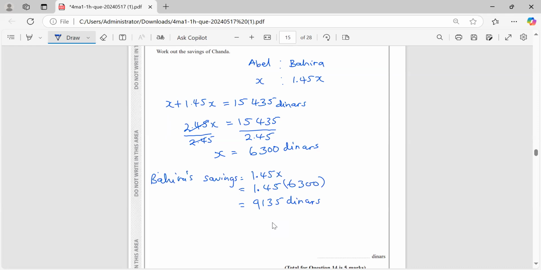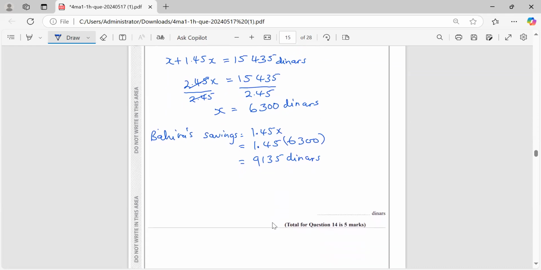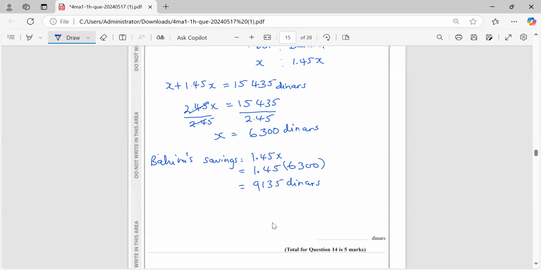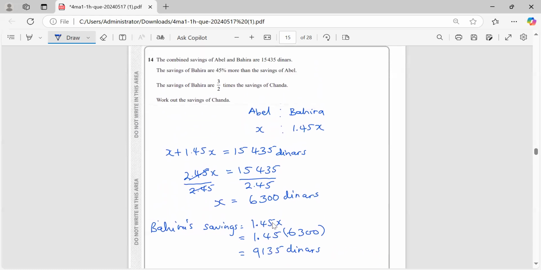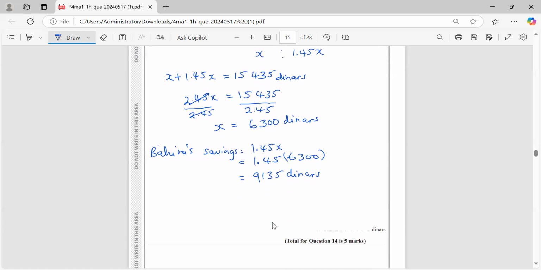All right. So 9,135 dinars is Bahira's savings. Now we want to find Chanda's savings. So they actually told us that the savings of Bahira are 3/2 times the savings of Chanda, right?